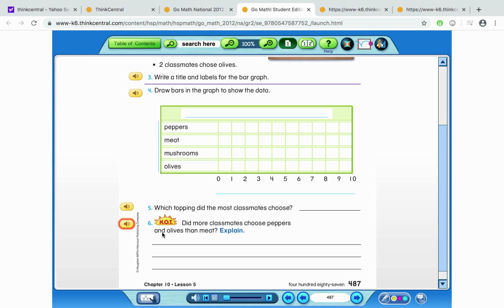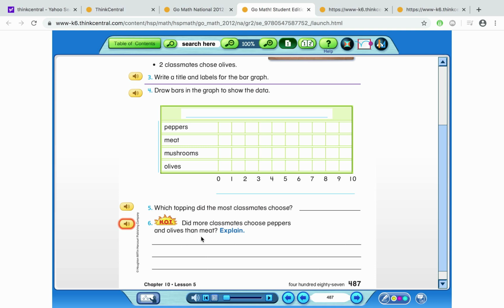So peppers and olives, we need to join those two together. We need to join these two together by doing what? When we join, we add. We add together, and then we're going to compare that sum with how many kids chose meat.